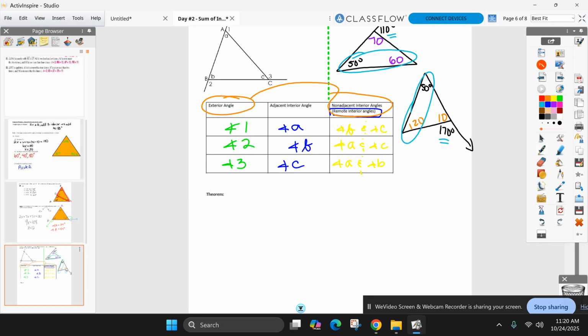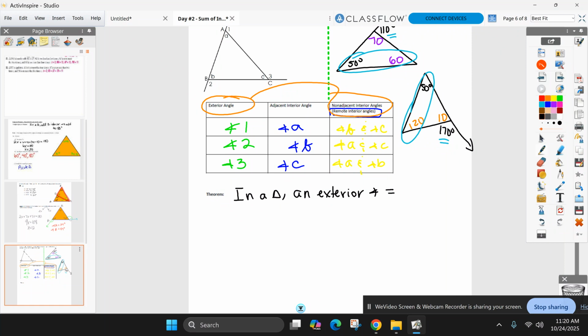So here's the official one. In a triangle, an exterior angle equals, guys want to finish it? What's it equal to? Any exterior angle is equal to the remote interior. What about them? The sum of.